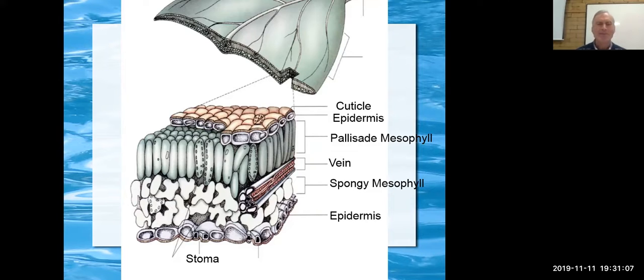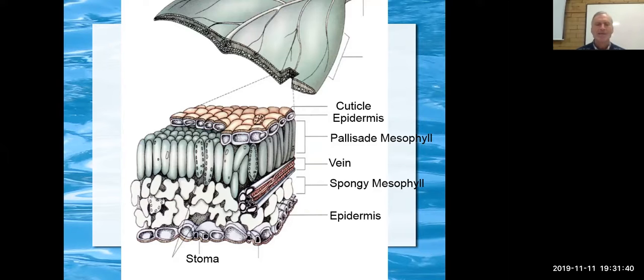We saw epidermis on the roots, and there's an epidermis on young stems, or by the time they get bigger, it becomes the bark. So there's an epidermis on the leaf, and that's for protection, like the skin of the leaf. And that's just one or sometimes a couple cells thick.